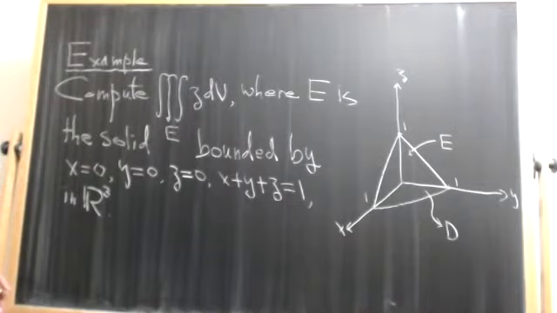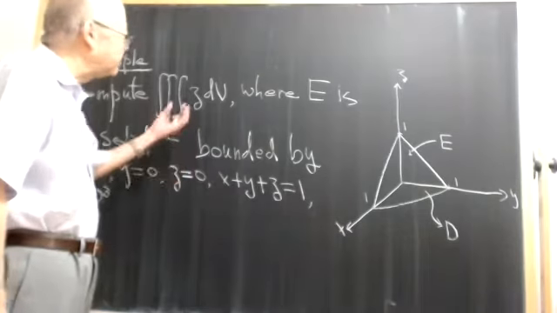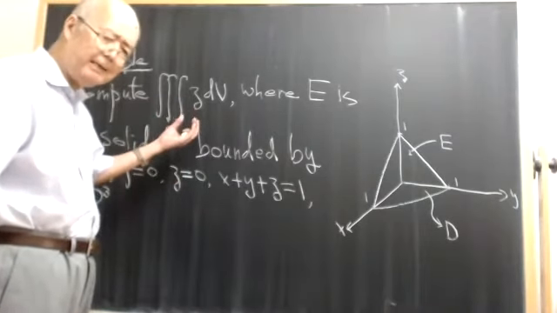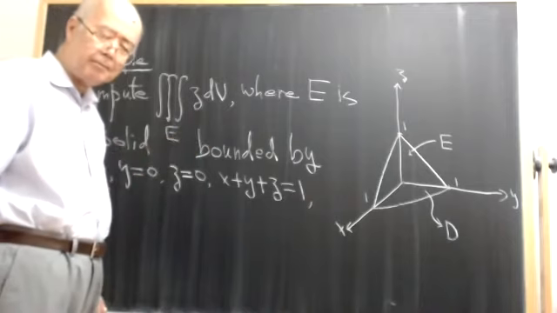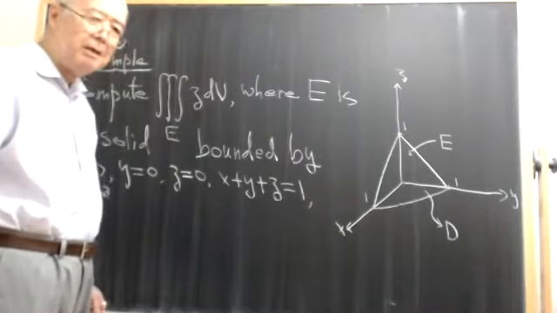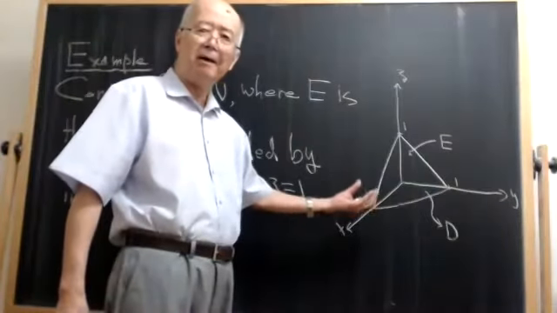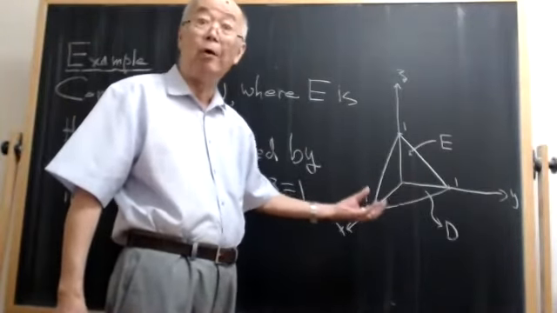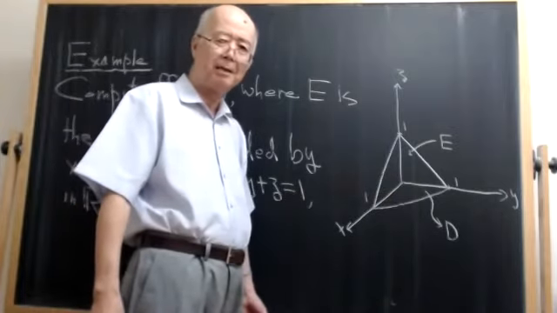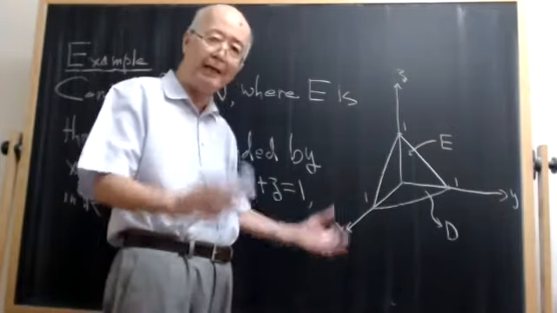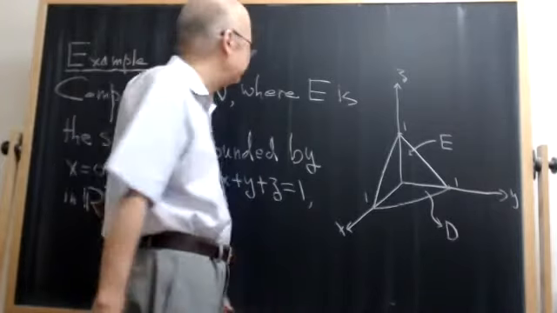Well, we cannot imagine what the function looks like, even for a simple function, when we integrate on a solid which is already in R3. So we simply do the calculations.